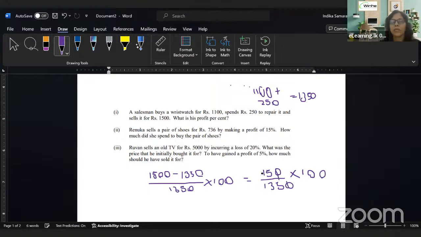You can see 15 into 9 is 135. Okay? So we have to divide 100 by 9. Then what is the answer? 11.51 or something, right?